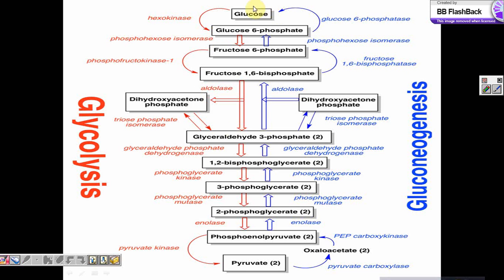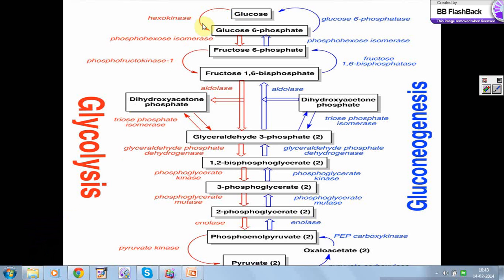In glycolysis, glucose, a 6 carbon substrate, produces pyruvate of 3 carbon, 2 molecules. Here the red downward arrows indicate the glycolysis pathway, and the upward blue arrows indicate the gluconeogenesis pathway.